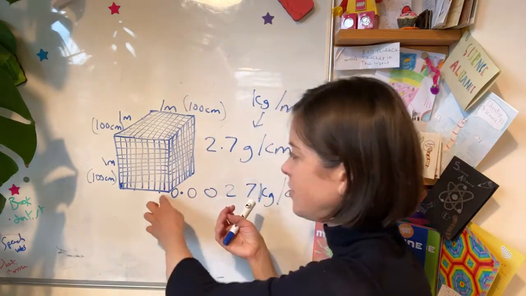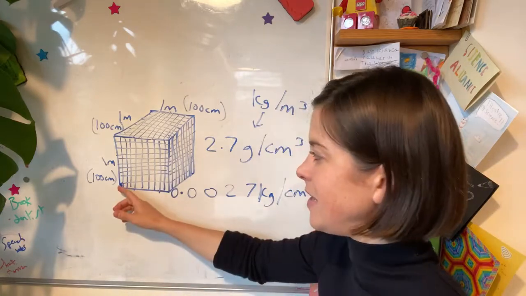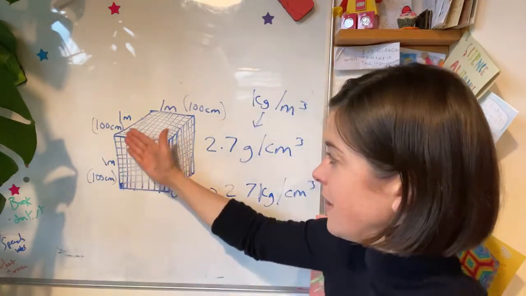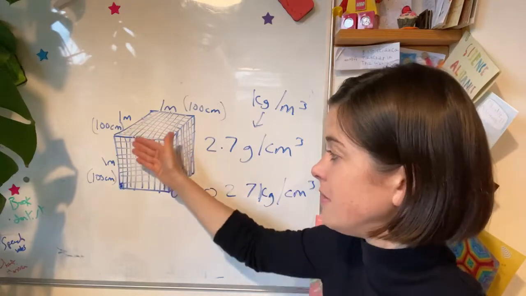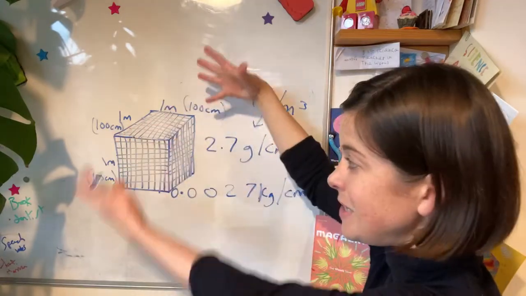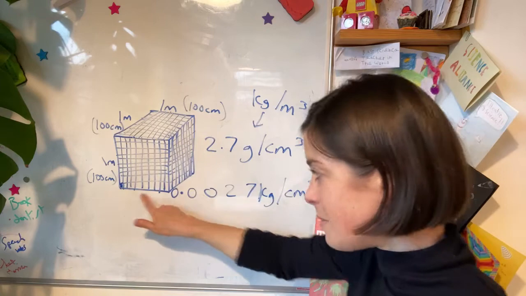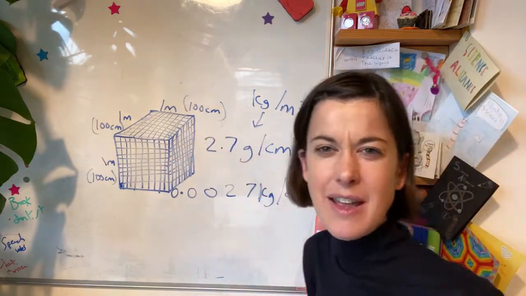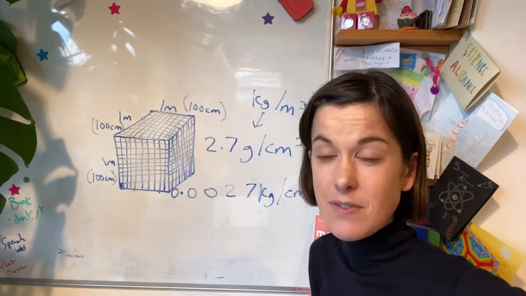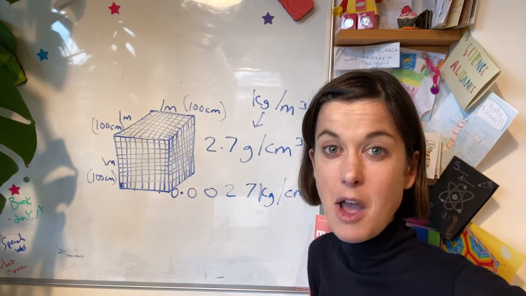If you times it by 100 and then you times it by 100 again, then you've turned that 1 centimetre cubed into like one face of a square. So 100 centimetres cubed, but you need a metre cubed. So you need to times it by 100 and then times it by 100 again and then times it by 100 again. I'm not really convinced by how I've described that. I hope it makes sense to you.